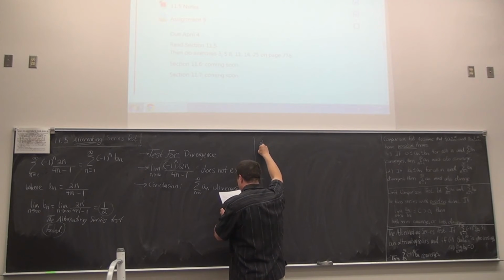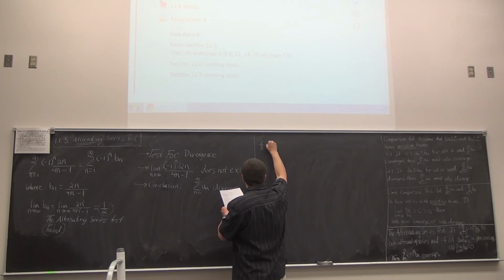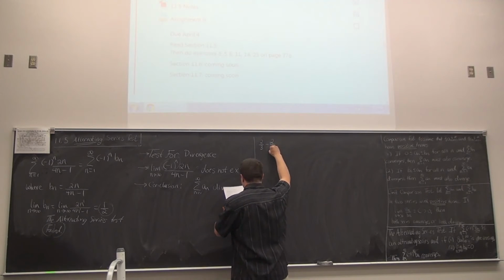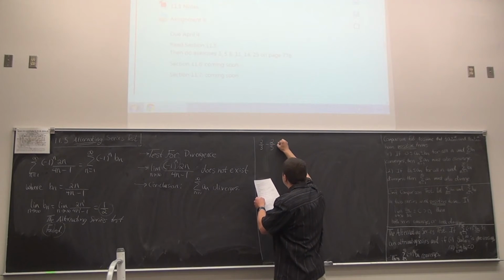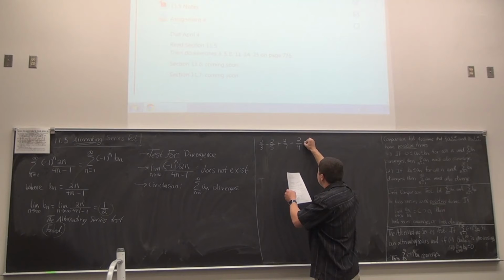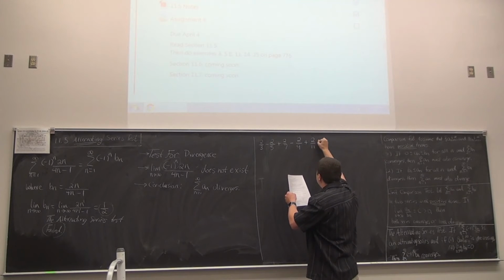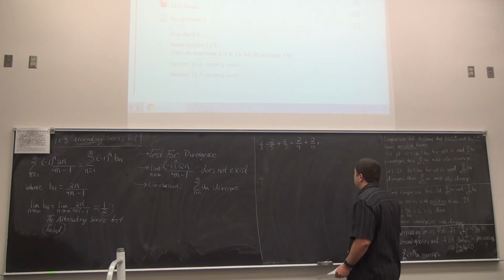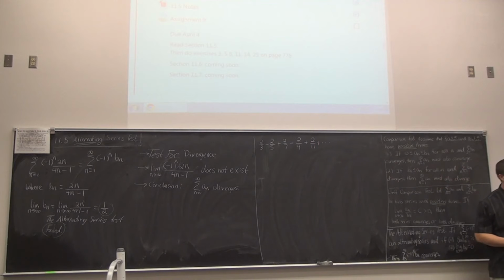It goes 2/3 minus 2/5 plus 2/7 minus 2/9 plus 2/11, then plus dot, dot, dot to say that pattern continues. Well, there are really infinitely many patterns, but the most obvious pattern we see should be the one that continues. So we want to test this for convergence or divergence.